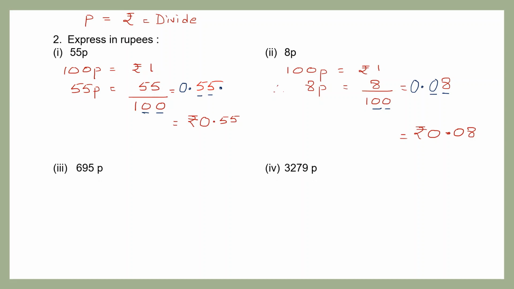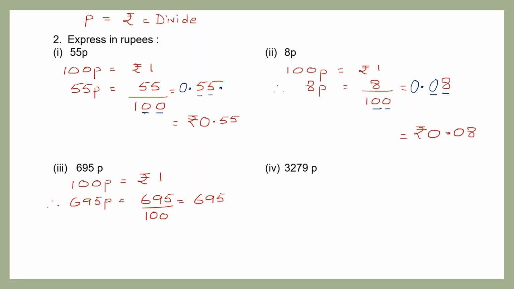Next question, third one, 695 paise. So let's start again. 100 paise make 1 rupee. Therefore, 695 paise will be 695 divided by 100. Then I'm going to write 695 as a whole number.